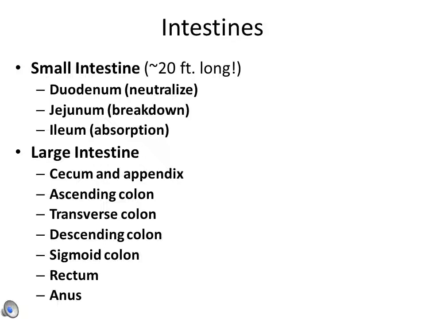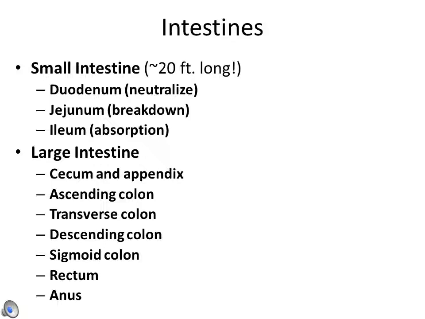The cecum is the start of the large intestine and is a dead-end pouch that has the appendix attached to it. The cecum then goes into the ascending colon. The ascending colon is located on the right side of the abdomen and ascends up toward the liver to join the transverse colon.